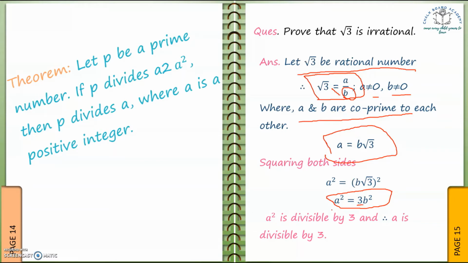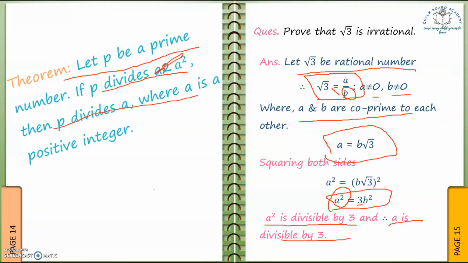Now a square is equal to 3b square means that a square is divisible by 3, and if a square is divisible by 3, then a is also divisible by 3 by this theorem, where p is the prime number. If p divides a square, then p divides a as well.